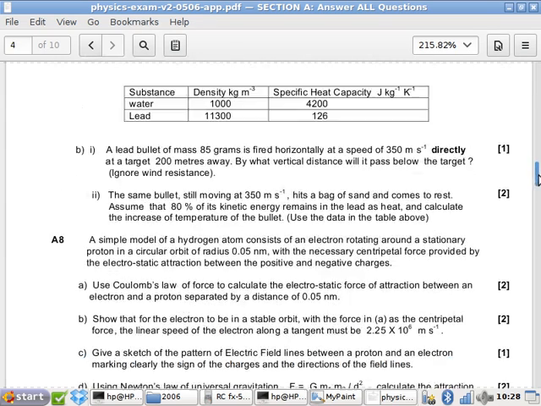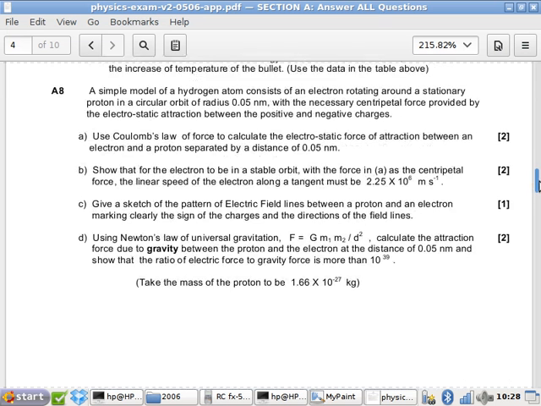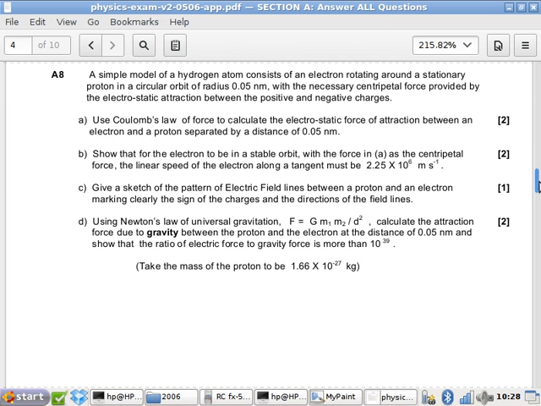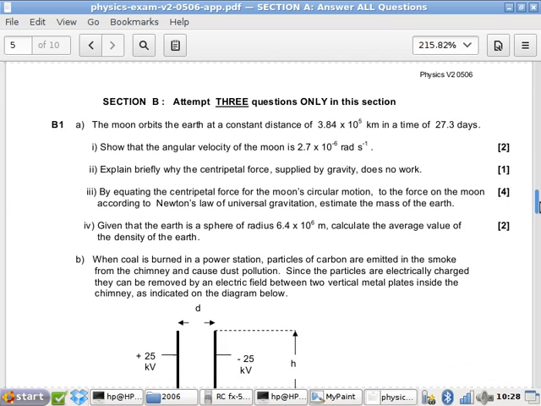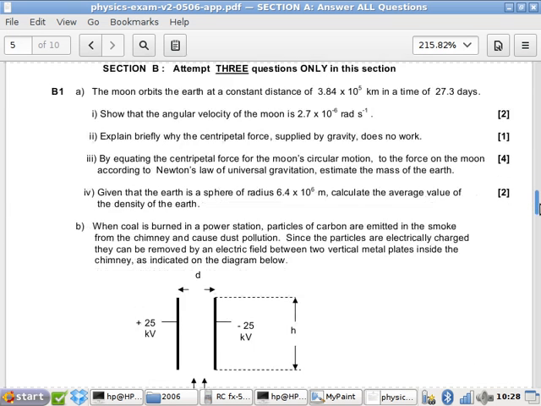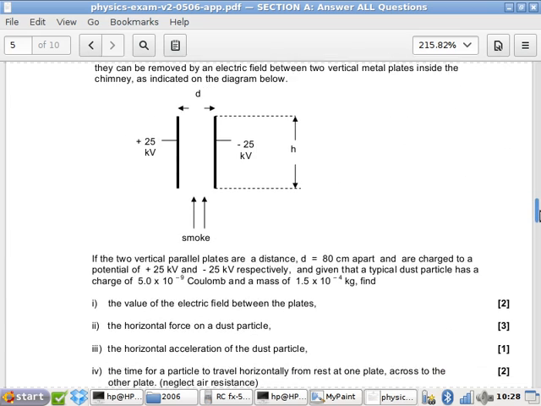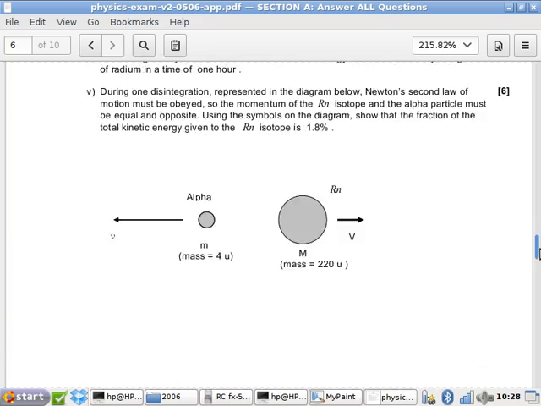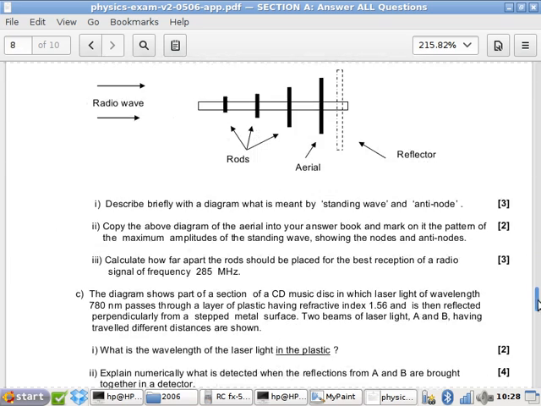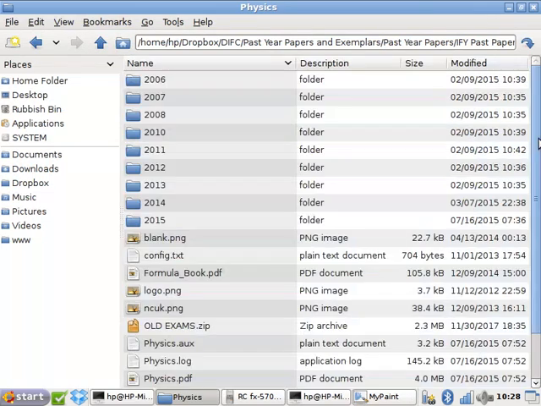Electricity. We've got this fella again. This guy's back. Okay, I feel like I'll go to a different year because these are kind of similar. So let's look at the next year.